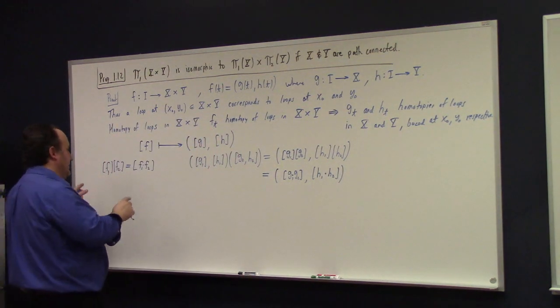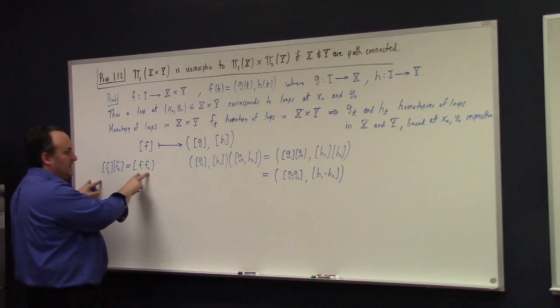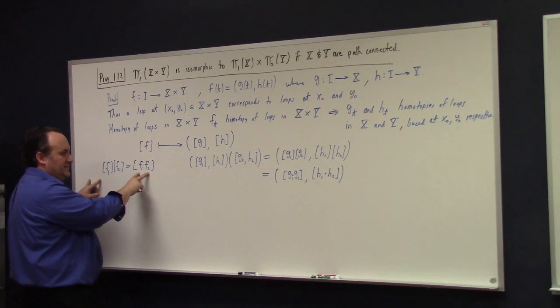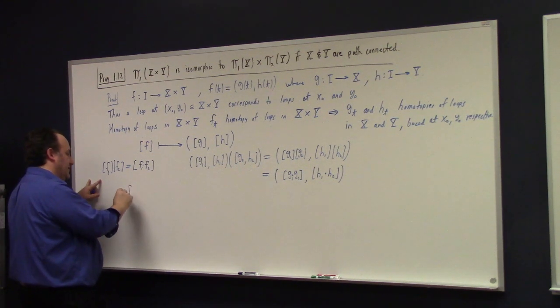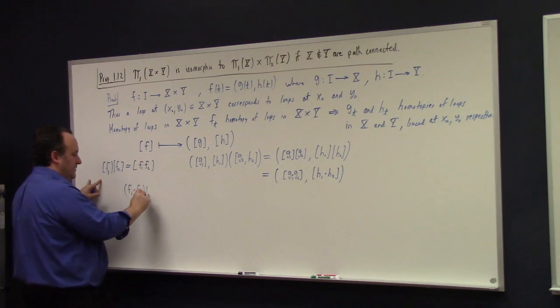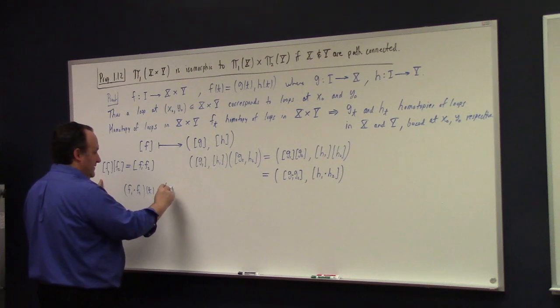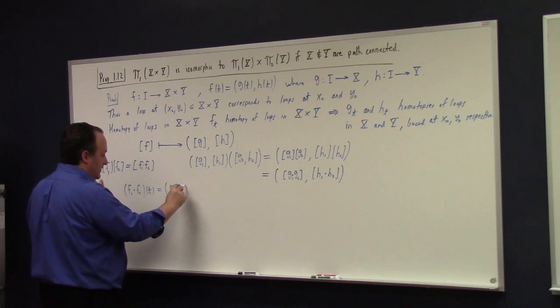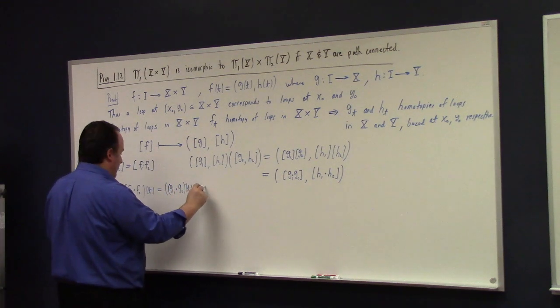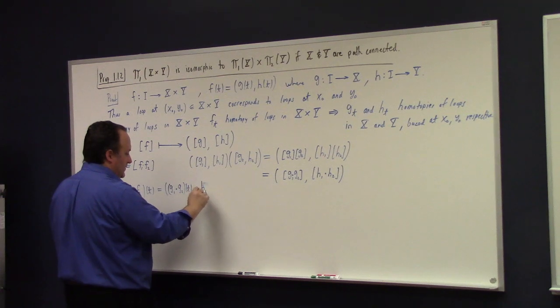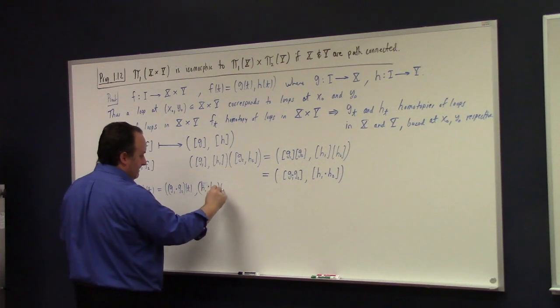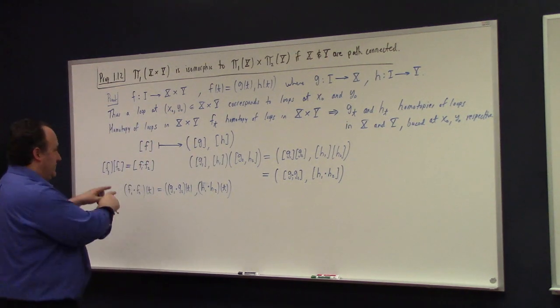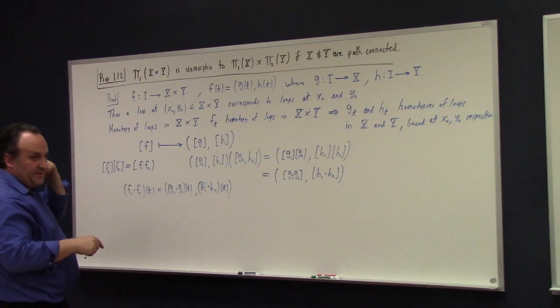But if you sort through what the definition should be, what I'm trying to say is if you were to look at F1 join F2 of t, you could prove that that would give you the pair G1 join G2 of t and H1 join H2 of t, which would then give you the homomorphism property.